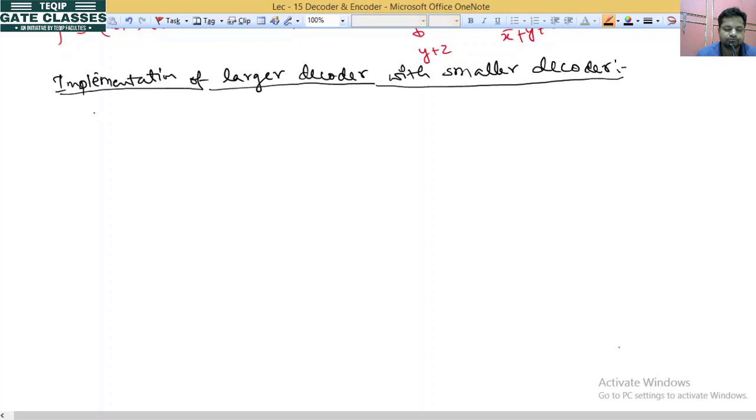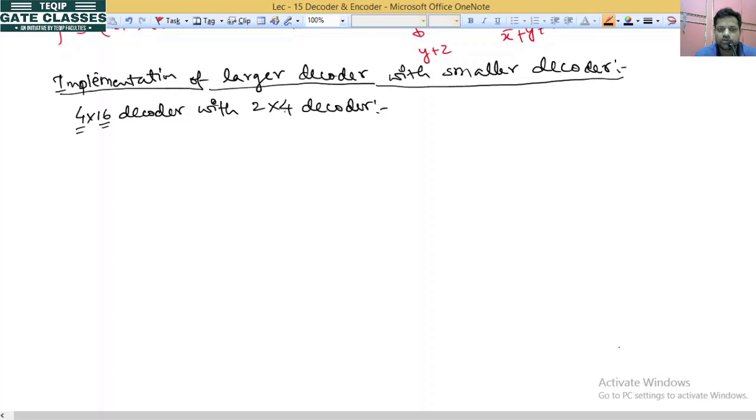So 4x16 decoder with 2x4 decoder. Now we know that in a 4x16 decoder, 4 inputs are there and 16 outputs will be there.